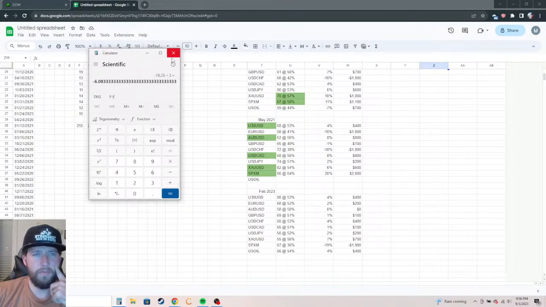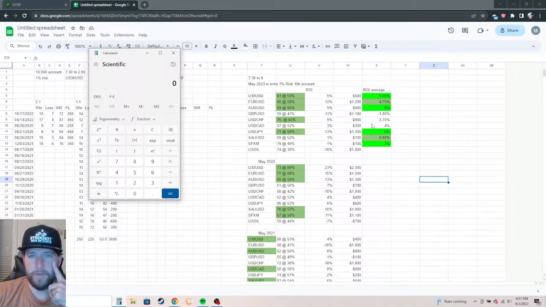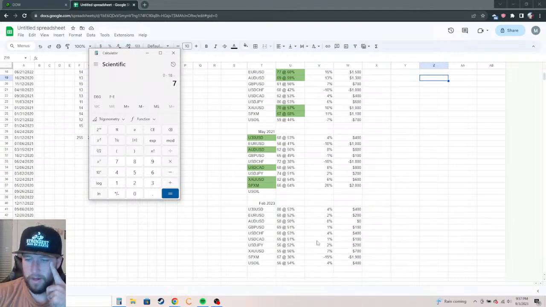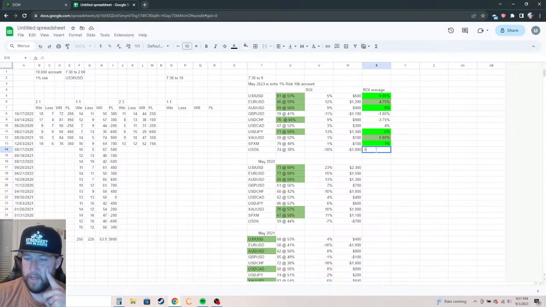Hang on. Why is this such a weird number? I probably fat fingered something. Let's do that again. Minus 18. Minus 7. Plus 4. Yeah, negative 21 divided by 4. So negative 5.25. So that's actually the worst one so far.